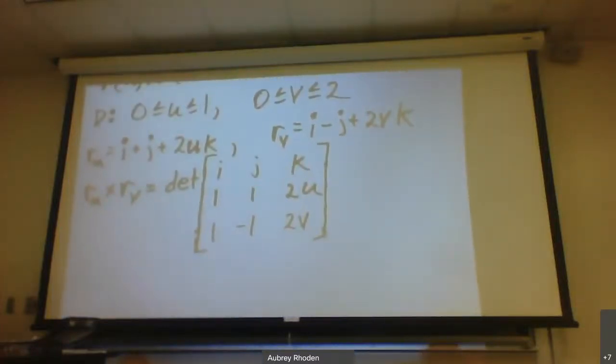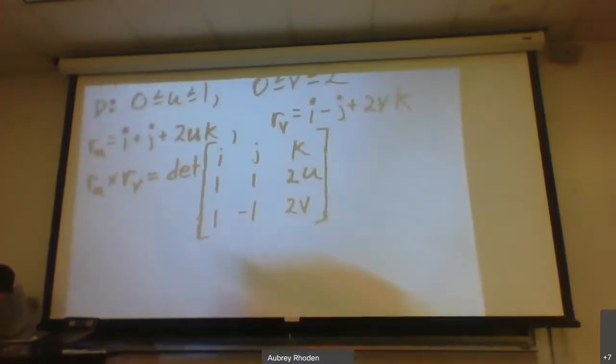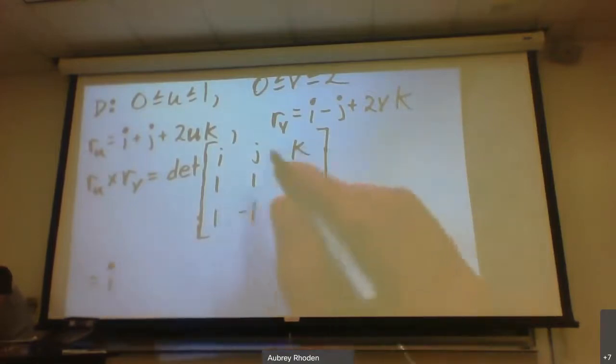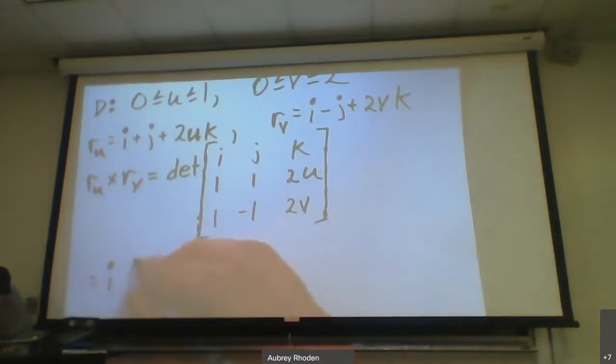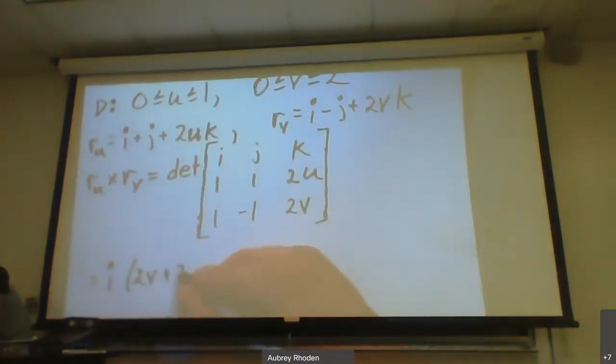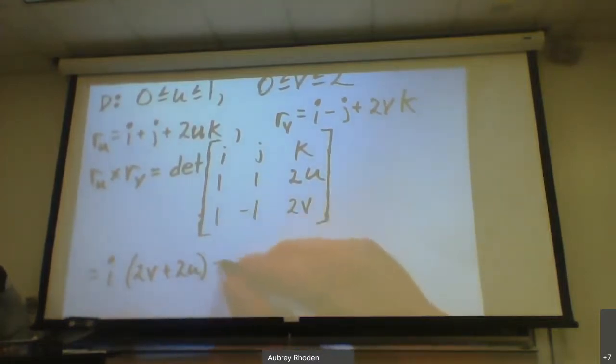Now if I do r_u cross r_v, I have to take the determinant of this matrix. So this is going to be i times, using this component right here, 2v plus 2u. And then minus j.